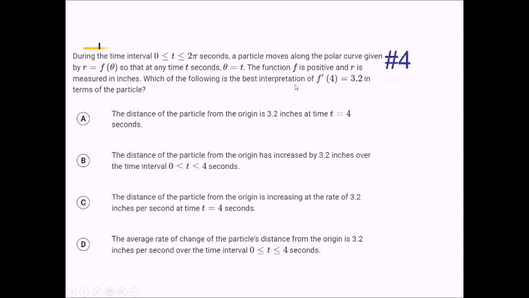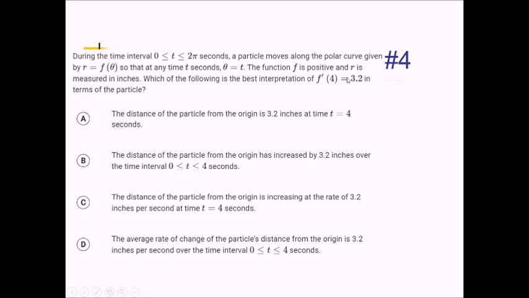Which is the best interpretation of f prime of 4 equals 3.2 in terms of the particle? So f, again, is representing the radius, which is essentially the distance from the origin. So this is a change in the distance from the origin, the rate at which the distance from the origin is changing.